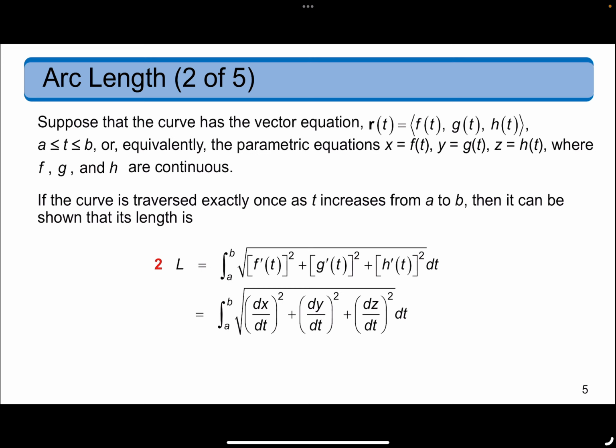So that would be the integral from a to b of the square root of dx over dt squared plus dy over dt squared plus dz over dt squared with respect to t.